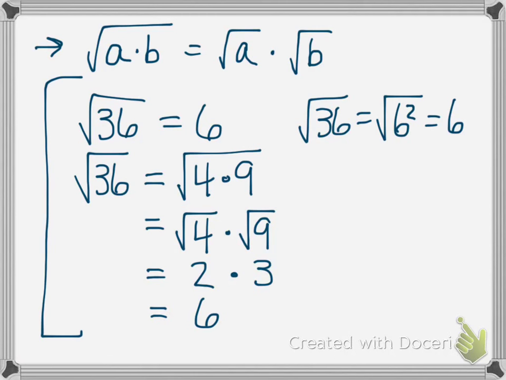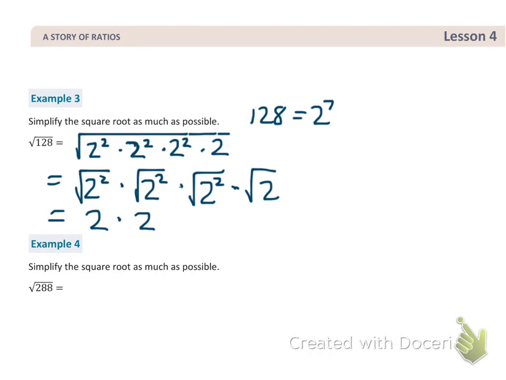Of course I've done this because now square root of 2 squared is just 2. And then this I don't have an exact number for, so I'm going to leave it in its radical form. And so I'm going to rewrite this as 2 times 2 times 2, which is 8, times the square root of 2. Okay, so that is the simplified form of the square root of 128.